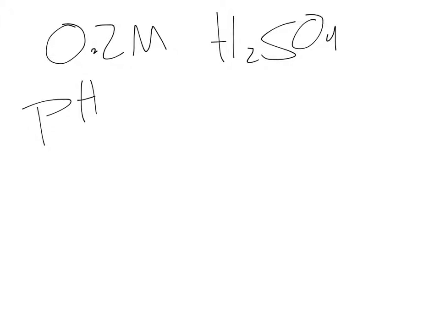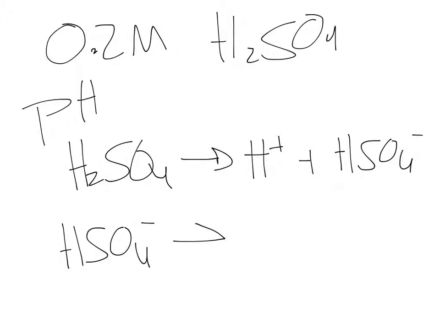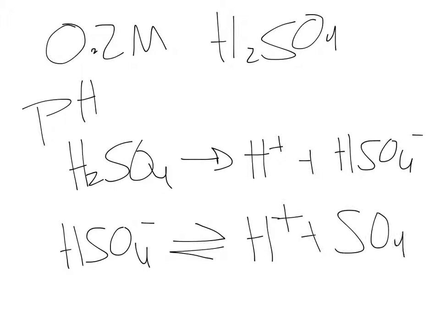You have to remember that sulfuric acid can dissociate two hydrogen ions. So what happens is H2SO4 dissociates into H plus and HSO4 minus, and then HSO4 minus is in equilibrium with H plus and SO4 2 minus.